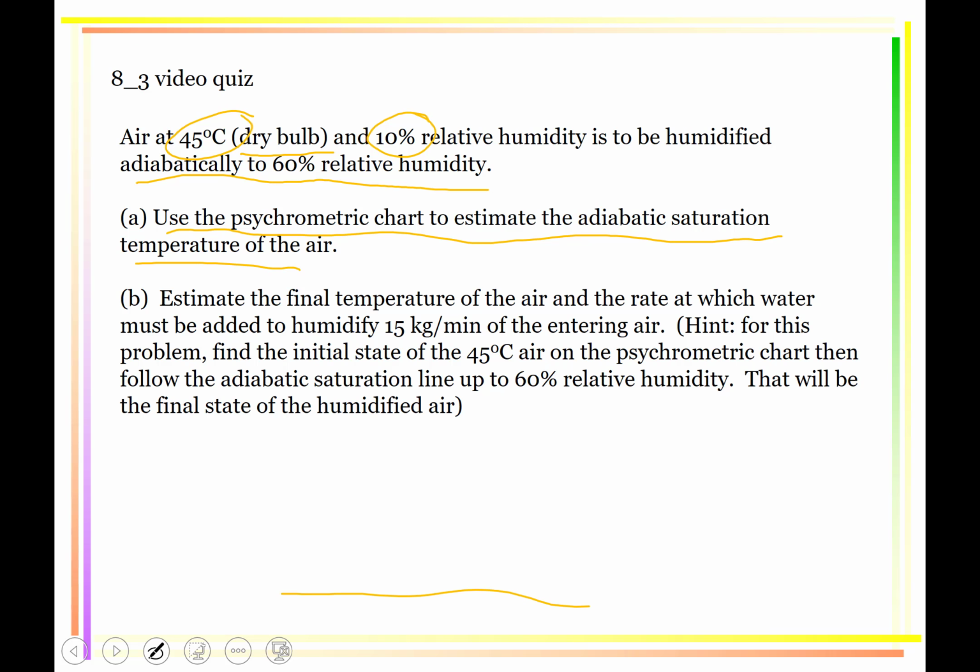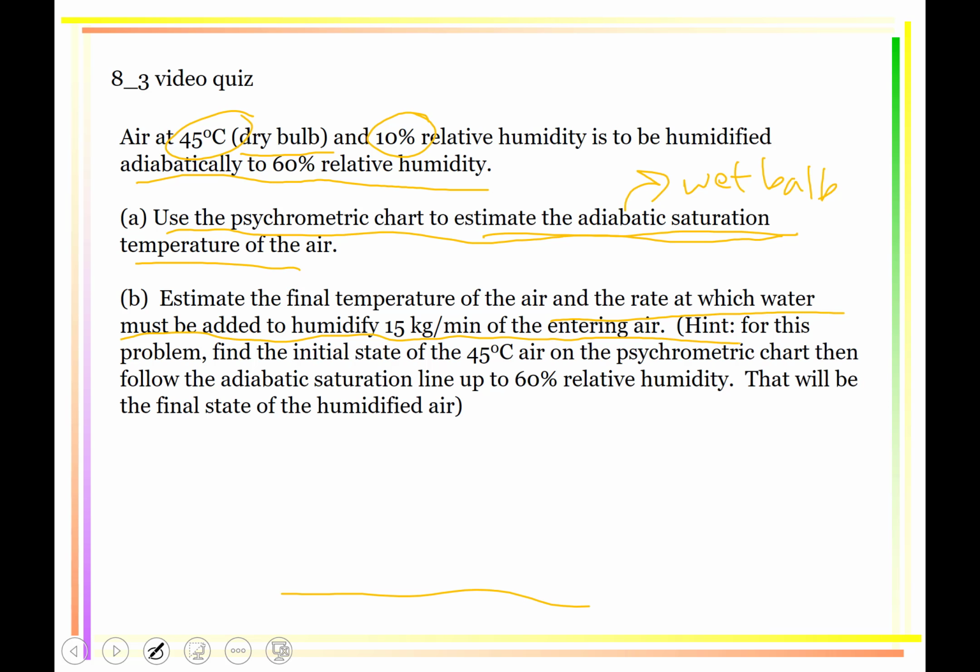So first we're going to find the adiabatic saturation temperature, which remember is the same as wet bulb temperature. And then from there, once you have the final temperature, we have to determine the rate at which water must be added to humidify 15 kilograms per minute of entering air.